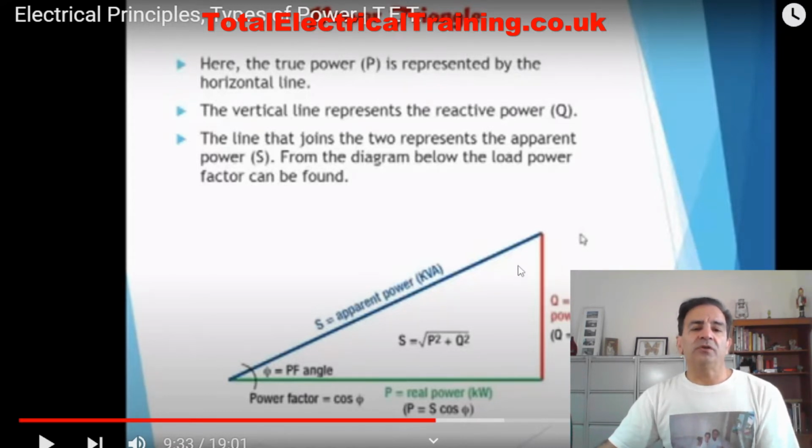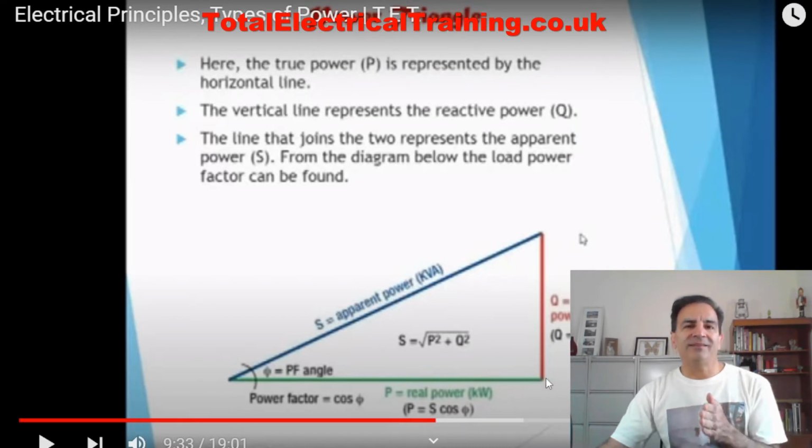Now this blue one, which is the hypotenuse of this right angle triangle, it is what you pay for. So you're paying this much for this much power, but you're only using this green one, this green wattage. At this point, I hope you understand you are paying extra for what you're not using.